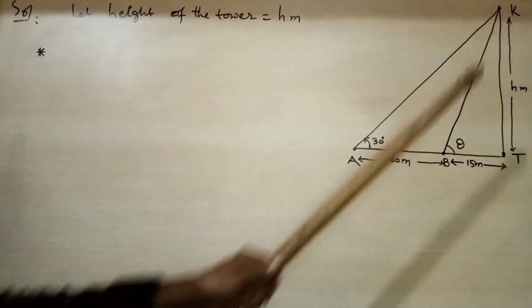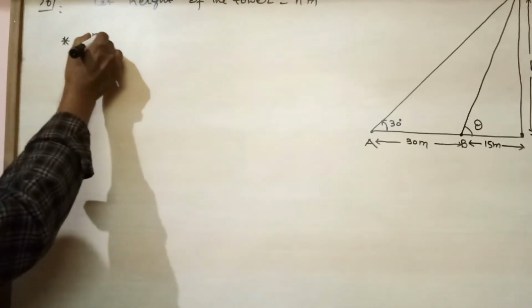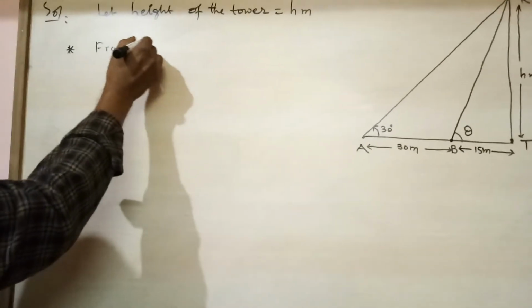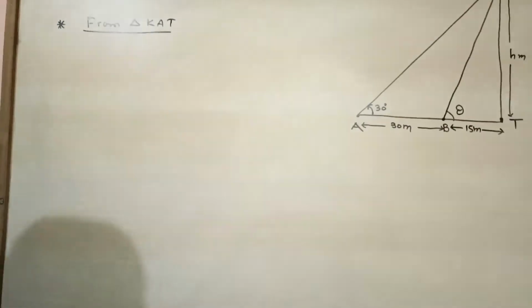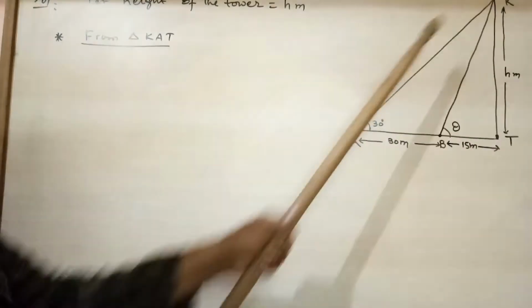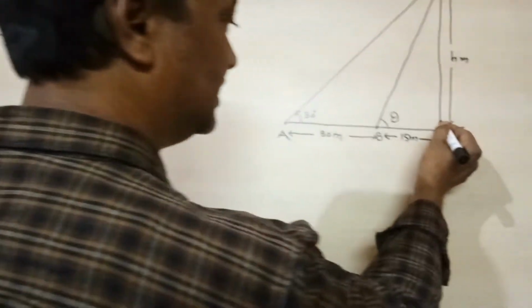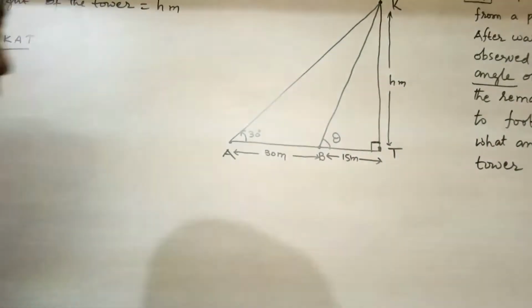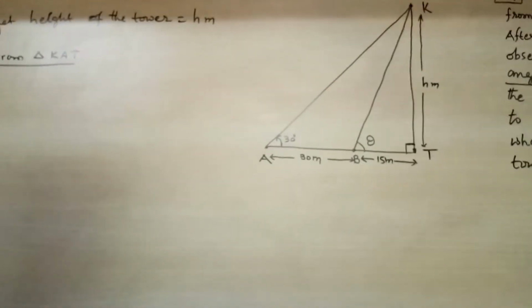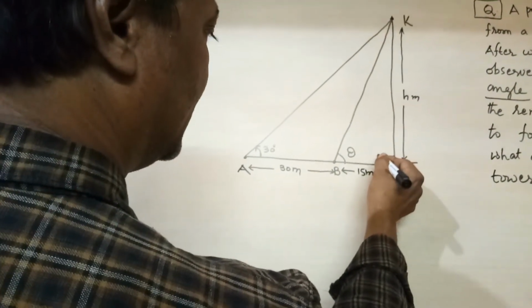Now, to find theta, I am first considering triangle KAT. Here the tower is at a right angle, since all constructions are built upon the earth making a right angle. Here we have 90 degrees.